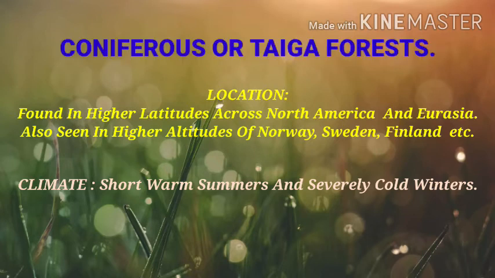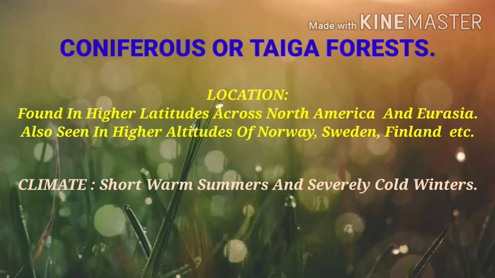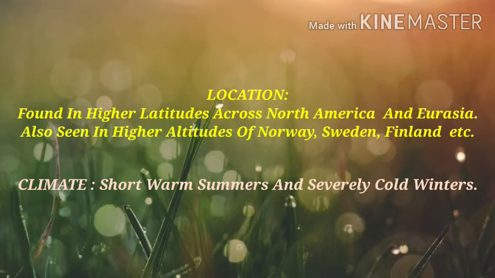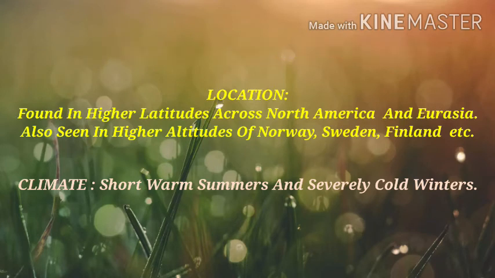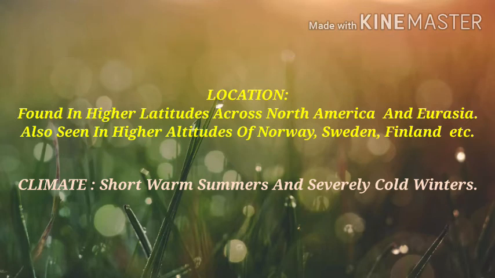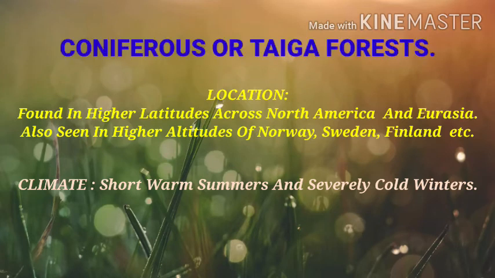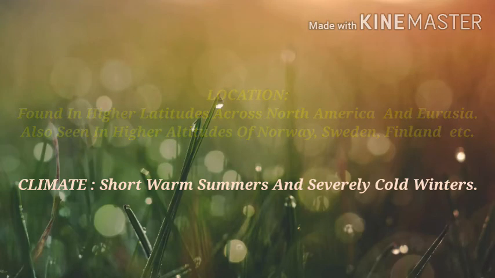These are found in the areas of high latitudes across North America and Eurasia, which include northern USA, Norway, Sweden, Finland, Russia, etc. These forests face climatic conditions like short warm summers and extremely cold winters.